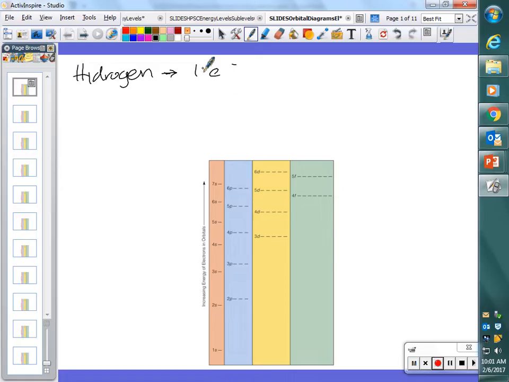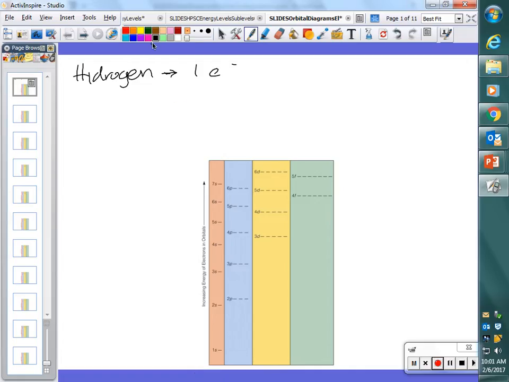We just learned that the Aufbau principle tells us that orbitals are filled from lowest energy to highest energy. So this chart on the front page, along the y-axis, shows increasing energy of electrons in orbitals. We said we're going to start at the bottom. And we already said the first orbital that we run into is which orbital? 1s. Okay?